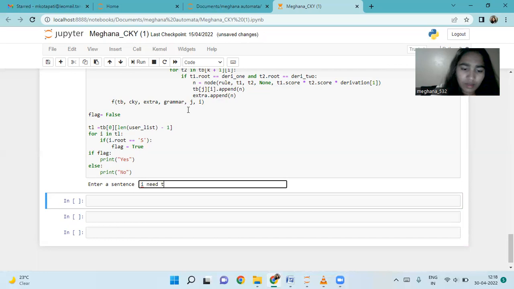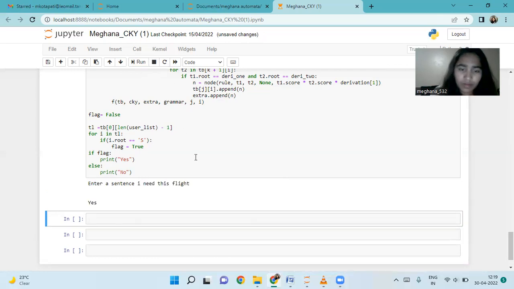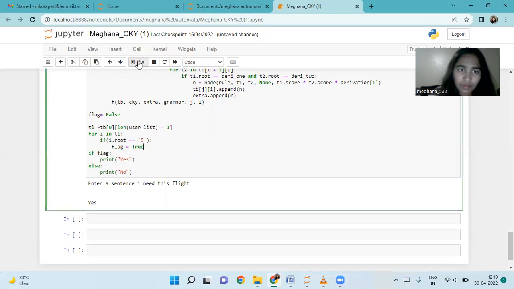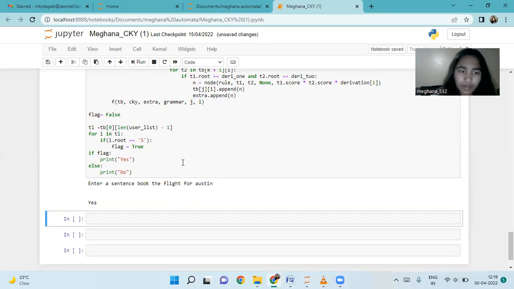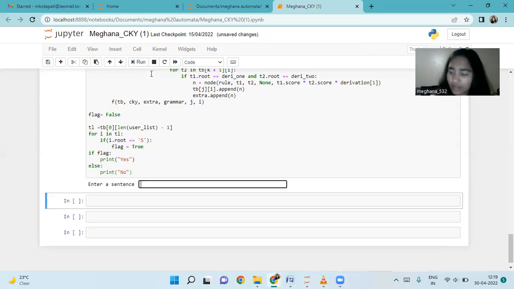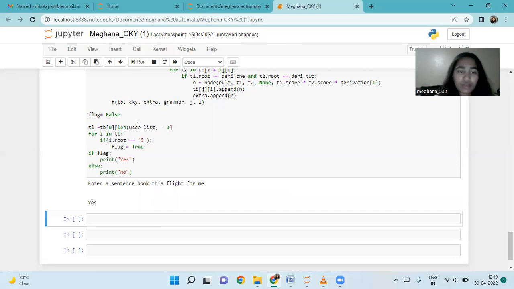I need this flight. Enter. Yes. Book the flight for Austin. Yes. And for the final sentence, book this flight for me. Enter. Yes. So these are all the valid sentences which are accepted by the grammar.